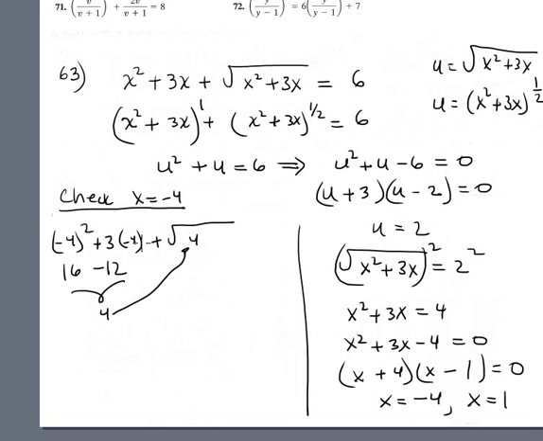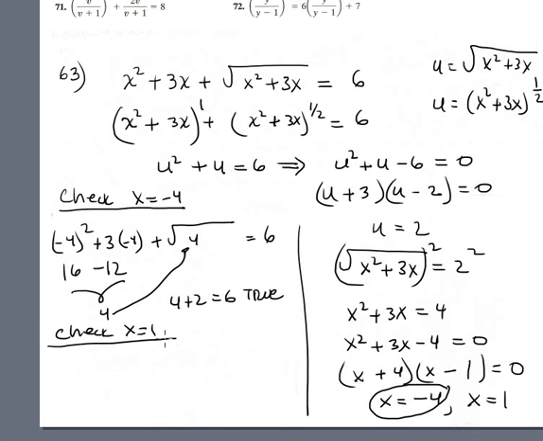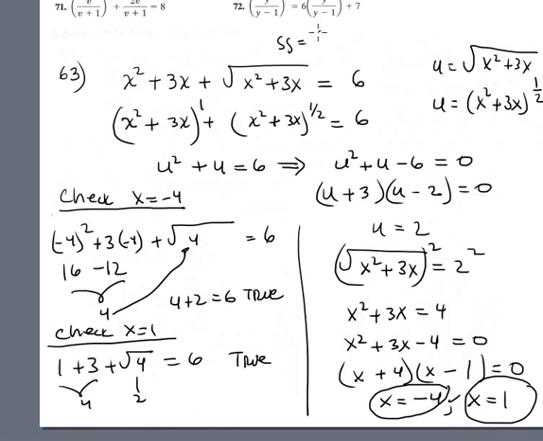This number and this number are the same because it's the same expression. It should be 6. And it's obvious, yes, because 4 plus 2 is 6, it's true. The solution is perfect. Let's check for 1. 1 squared is 1, plus 3 is 4, and the square root of 4 is 2, so again it's 6. That's true. Both solutions are perfect. The solution set for this equation is -4 and +1.